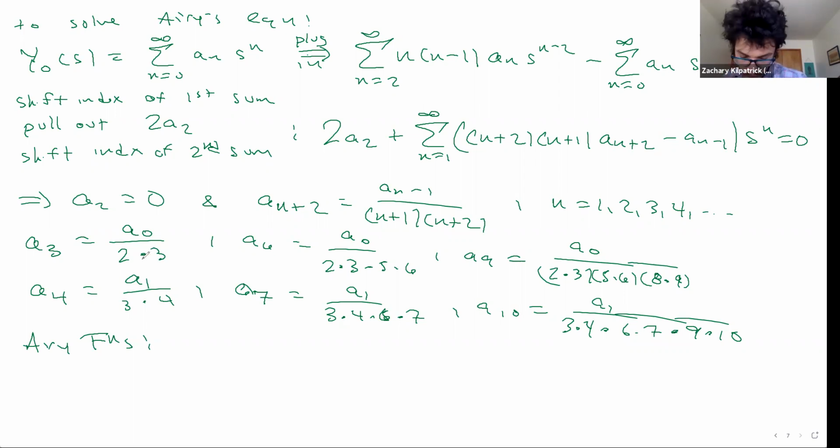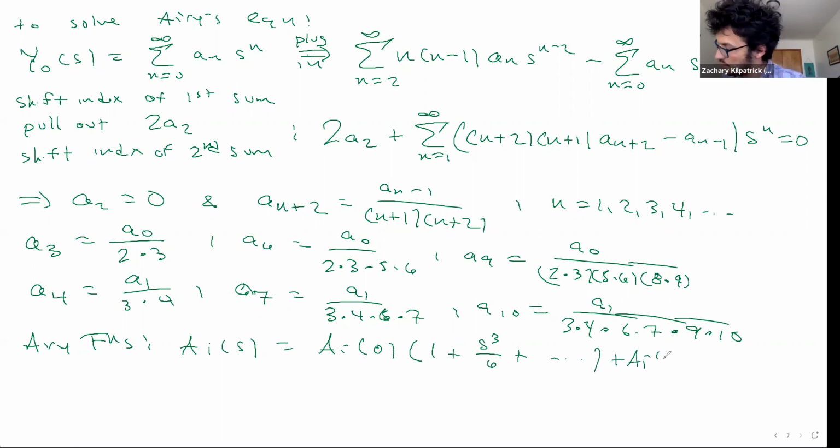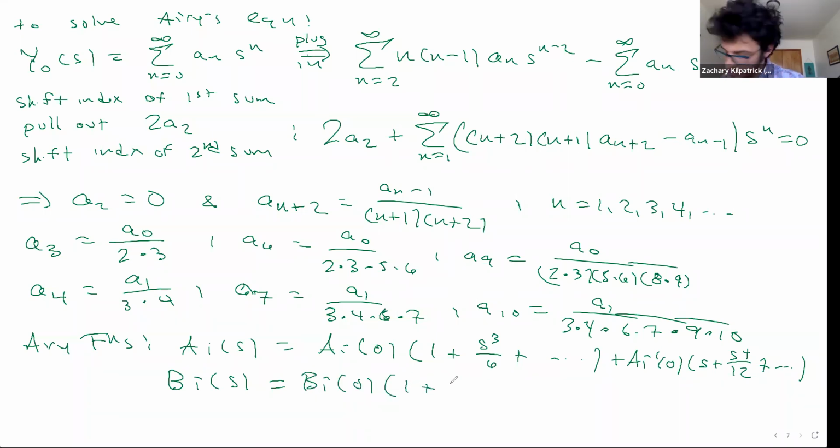So in other words, the Ai Airy function is Ai of 0 times (1 plus s cubed over 6 plus the s to the 6th term and so on) plus Ai prime of 0 times (s plus s to the 4th over 12, and so on). And we also have another Airy function, which is going to be some linear combination of these power series.